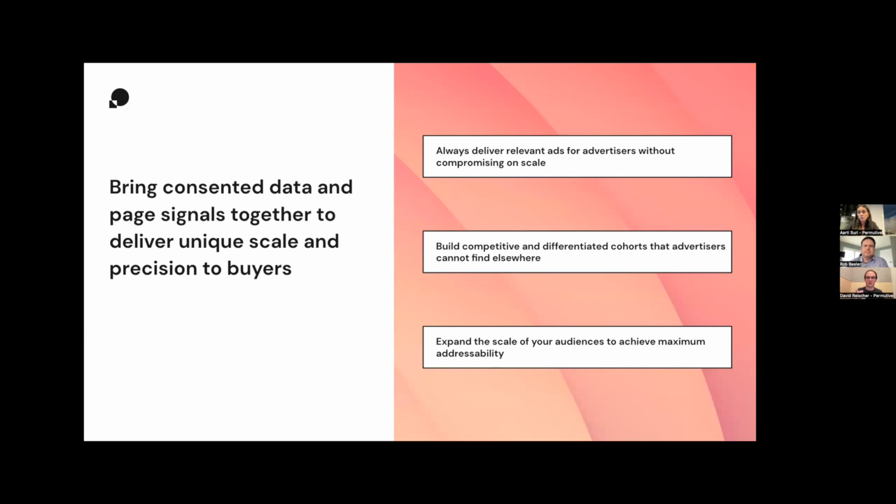And it's about publishers not having to compromise on scale and relevancy. Those affinity scores are recalculated every 2 hours. They are powered by audience data that is real time with on-device processing, so it means always the most up-to-date information is available when calculating the affinity score.